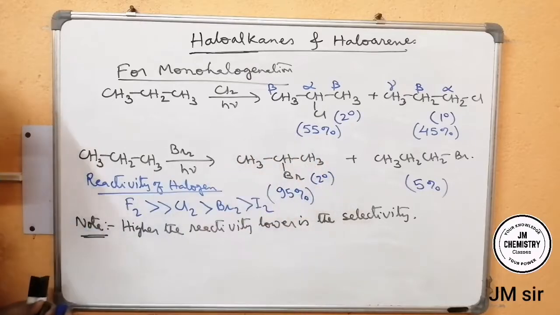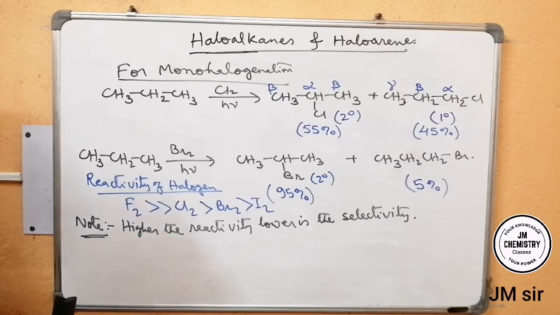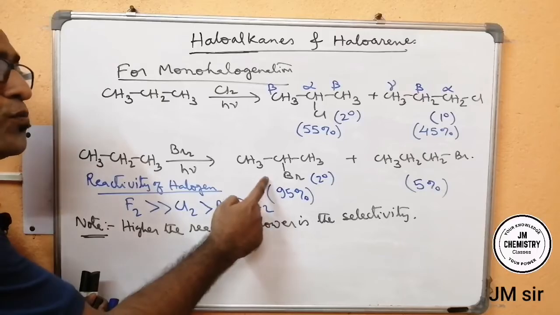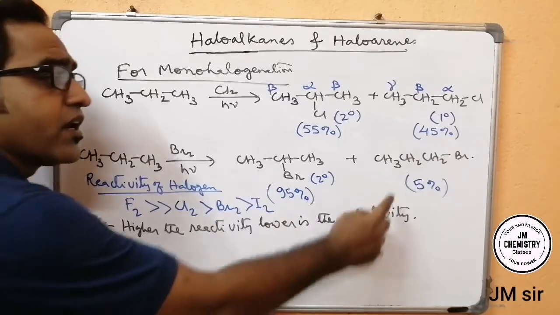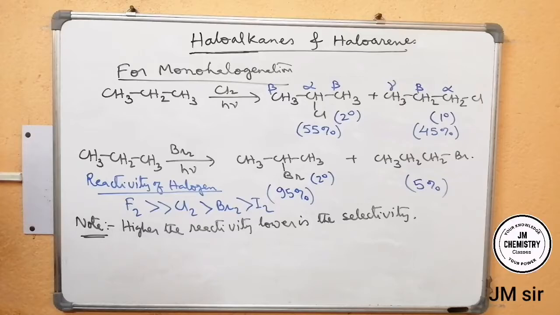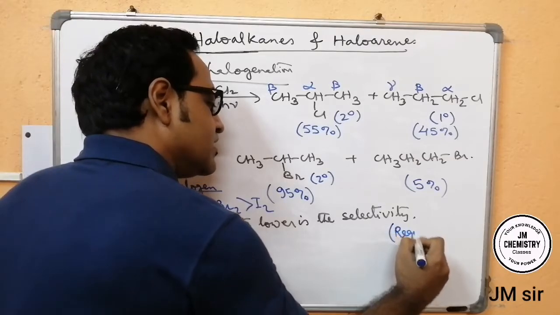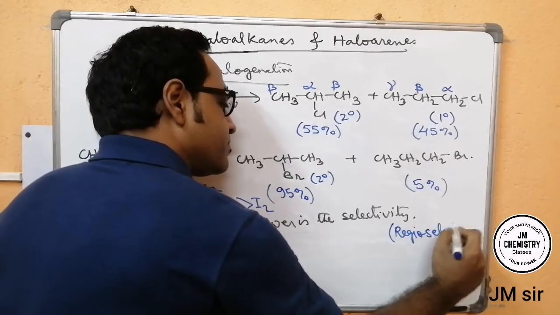Now in this reaction you can see two products are formed, two positional isomers are formed. One positional isomer is formed as a major product, 2-bromopropane is the major product and 1-bromopropane is the minor product. So whenever in a reaction two positional isomers are possible and one is formed as the major product, then we say the reaction is regioselective.